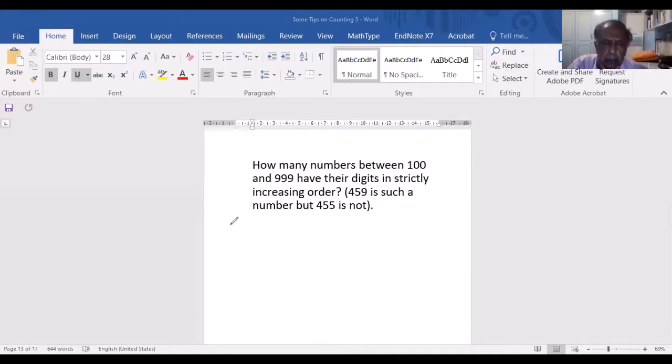So the number could start with 1, or 2, or 3, or 4, or 5, or 6, or 7. It can't start with anything bigger than 7, because it's a 3-digit number and they're in increasing order. So in this last one, there's only one number which will fit this bill, namely 789.